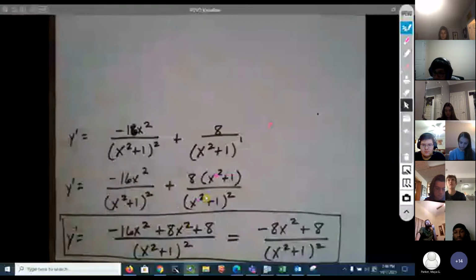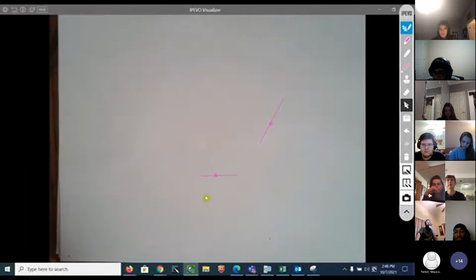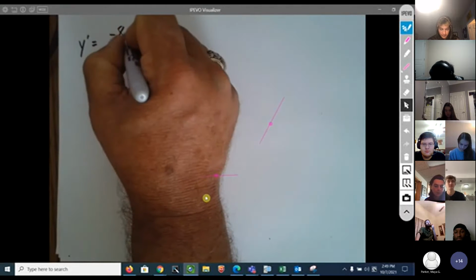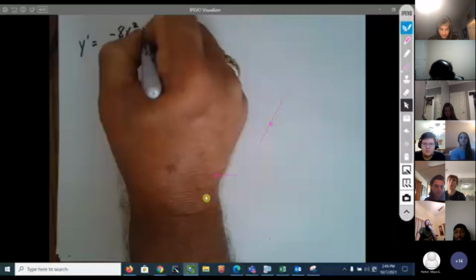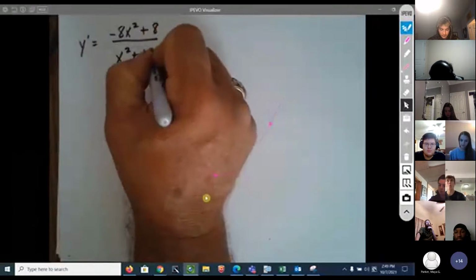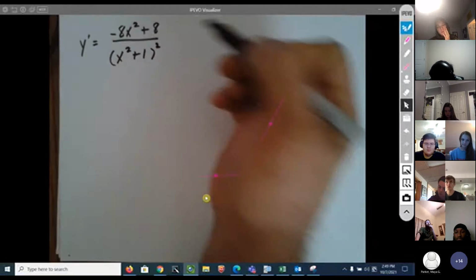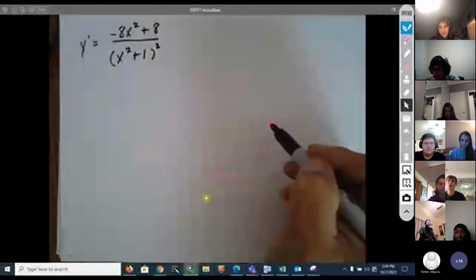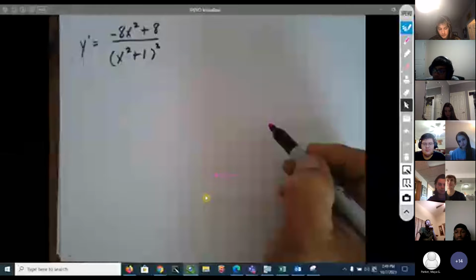So here is our equation for our slope. y prime is equal to negative 8x squared plus 8 over (x squared plus 1) quantity squared. And we want to find the 0 right here, this point right there.